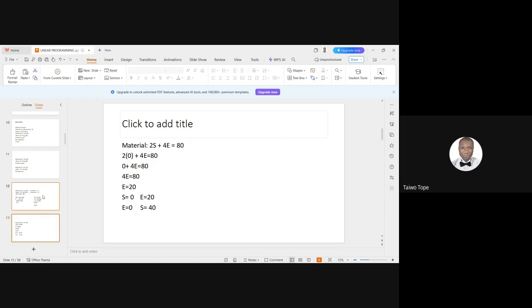So now, to express all these variables in a graph, let me go back to this graph.